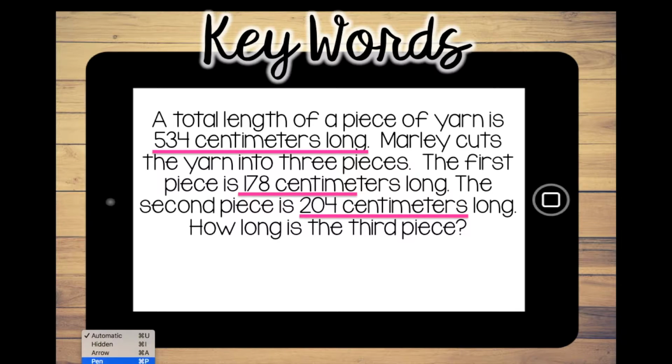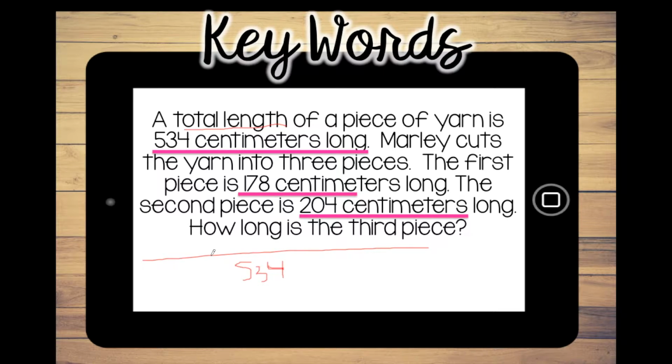Let's see if we can do this all together. I love to draw pictures because it helps me understand my thinking. So we know the total length of a piece of yarn is 534 centimeters. So I'm going to draw a piece of yarn, and we know that the whole thing is 534 centimeters long.